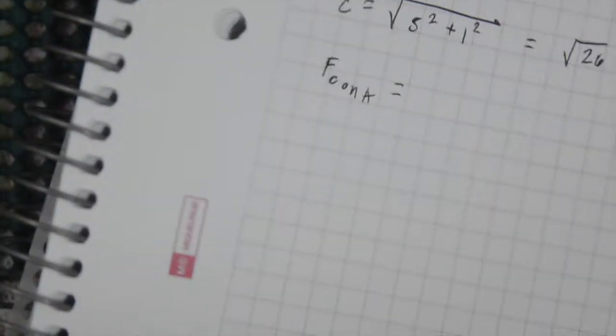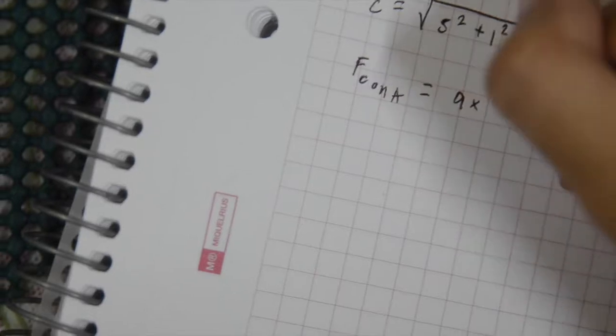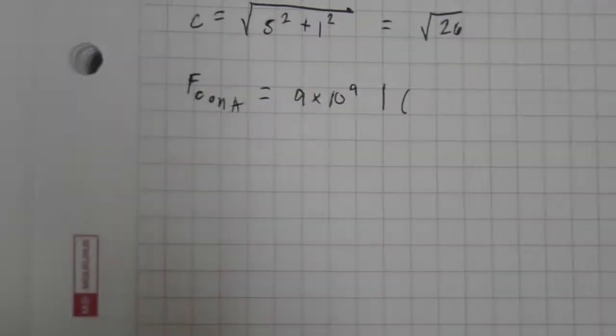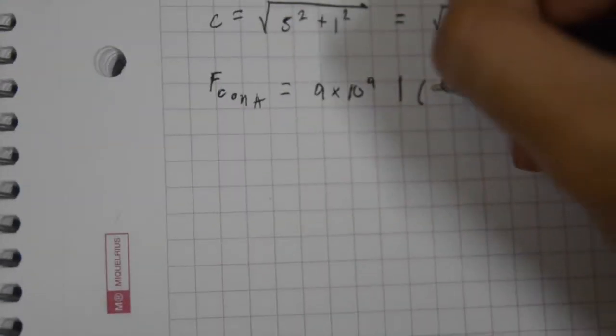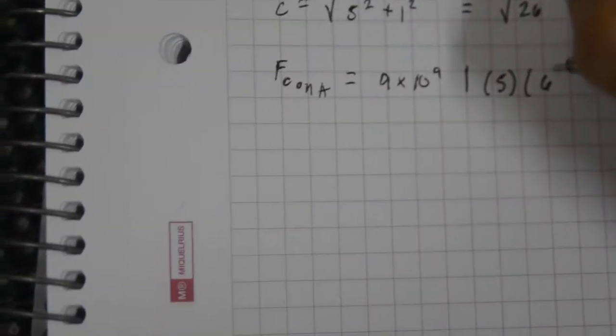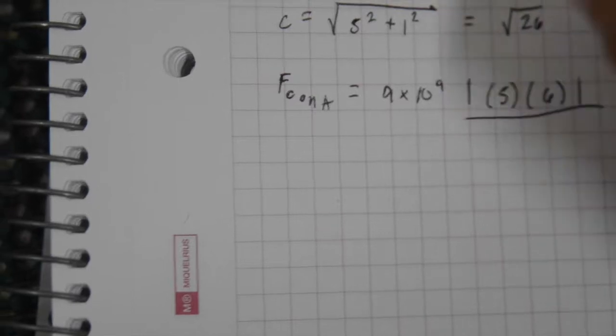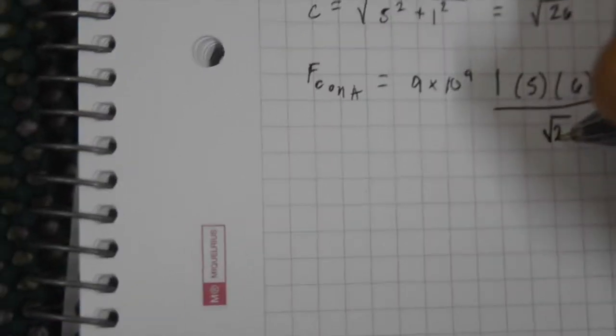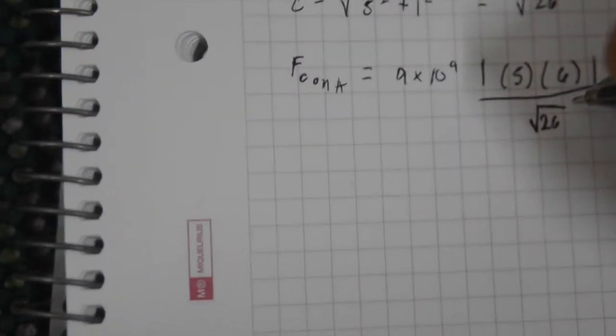Now let's focus on the force of C on A. So we'll have 9 times 10 to the 9th, then A, which is 5, then C, which is positive 6, then the distance is square root of 26 squared.